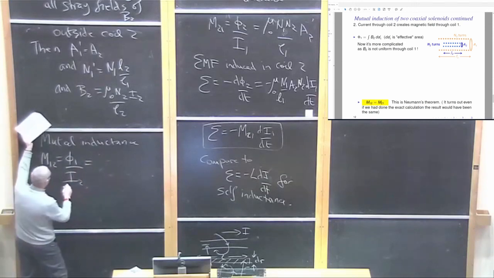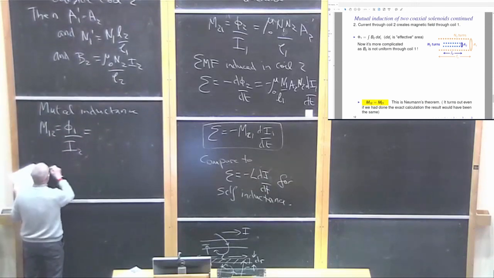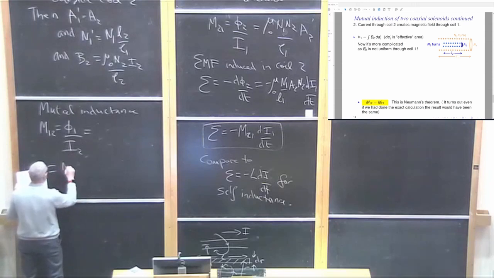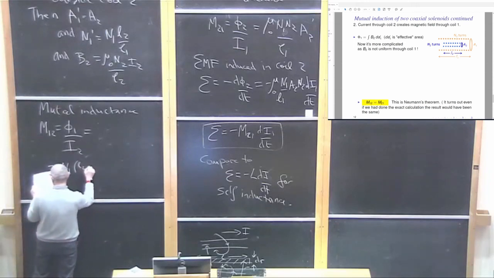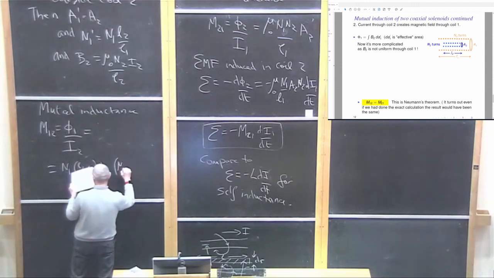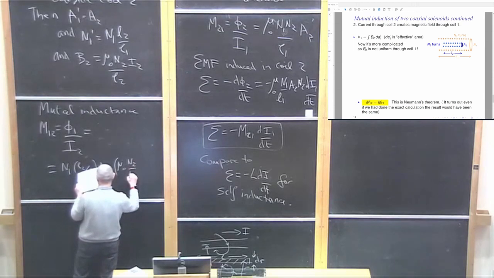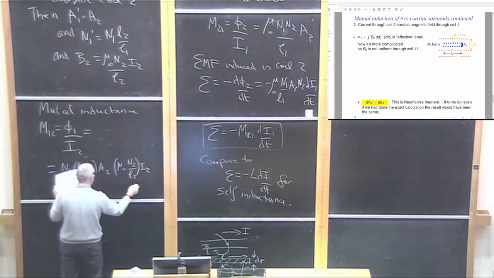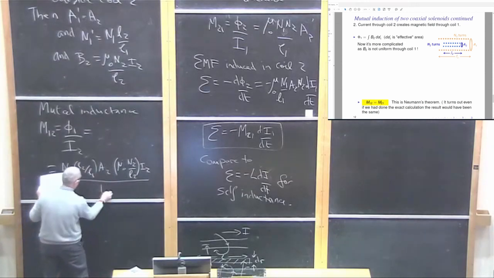I'm going to do it on a separate line. So it equals N1 L2 over L1, times A2, times mu naught N2 over L2 I2, all over I2.